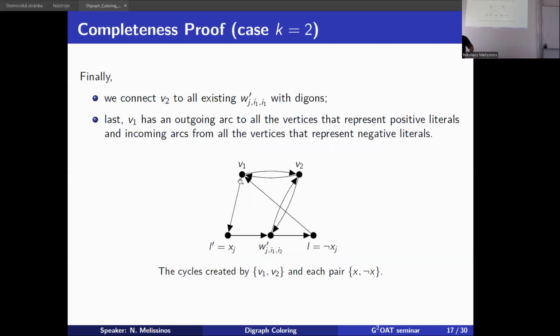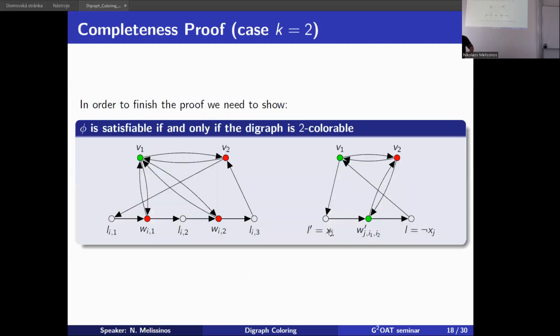And for the other paths that connect positive and negative literals of the same variable, we want one to be true and the other to be false. So we need to force different colors, and we create those vertical cycles here.